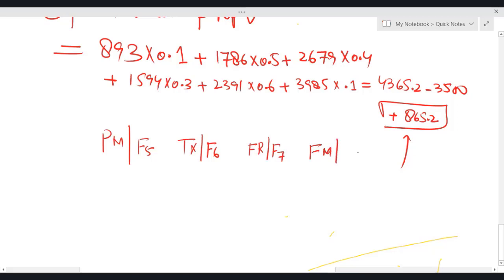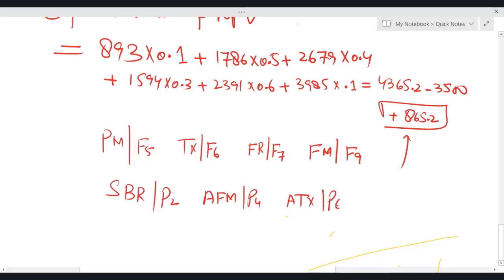Right now, I'm conducting the crash course for SBR, old name P2, AFM, old name P4, and ATX, old name P6. Alhamdulillah, I have produced position holders in each and every paper.